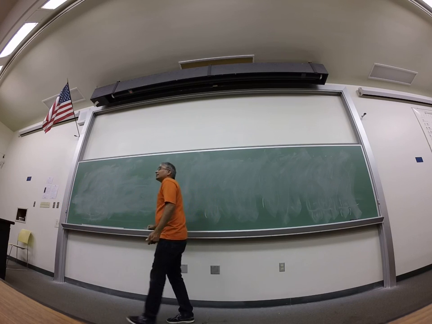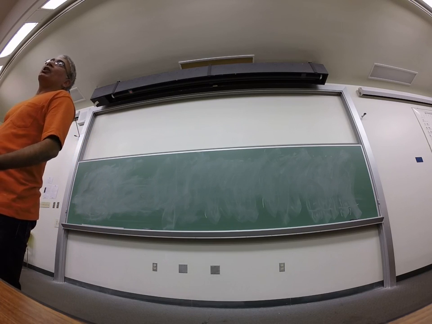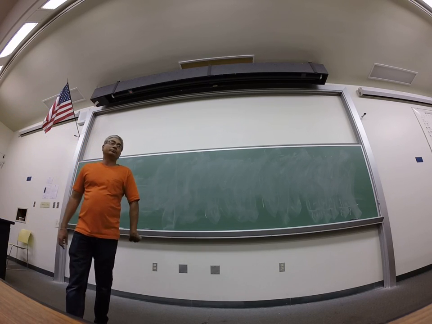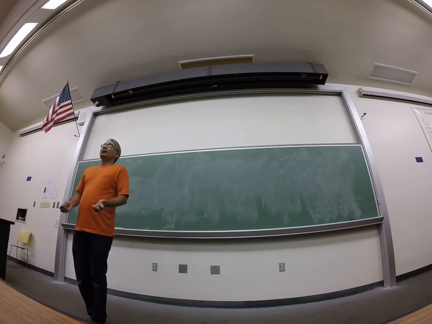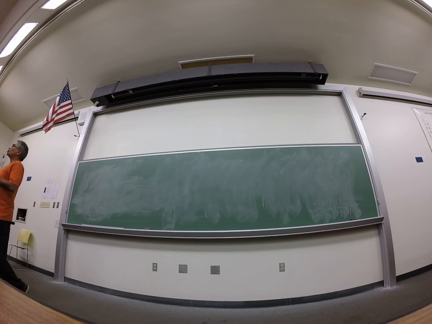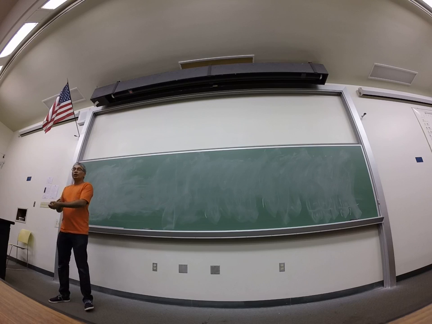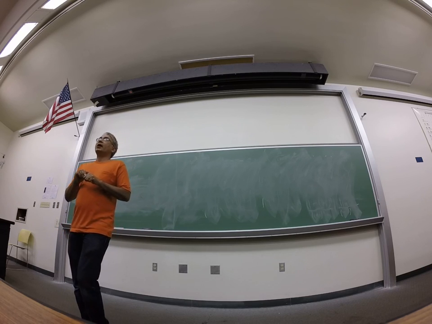So I want to look at buying a house as an investment strategy and compare that to the stock market. Okay? Everybody understand what I'm trying to do? So the question I'm asking myself is, if I have some money, should I invest in buying a house or should I invest in the stock market? Okay?